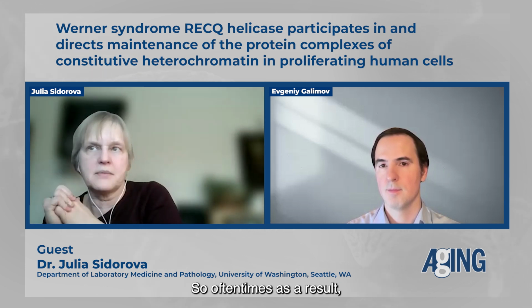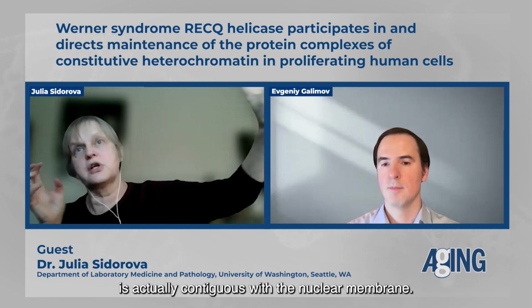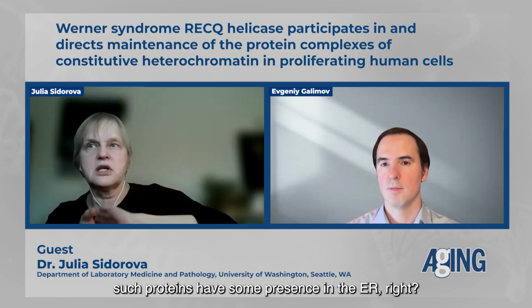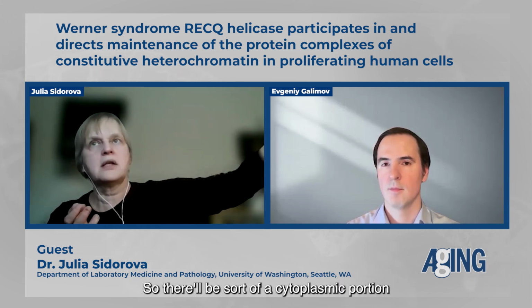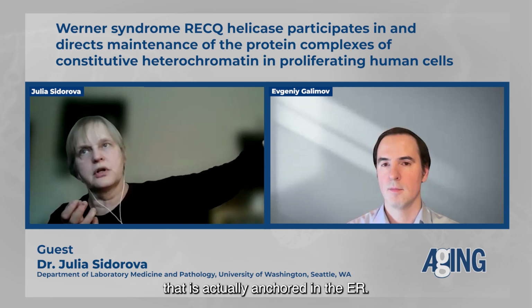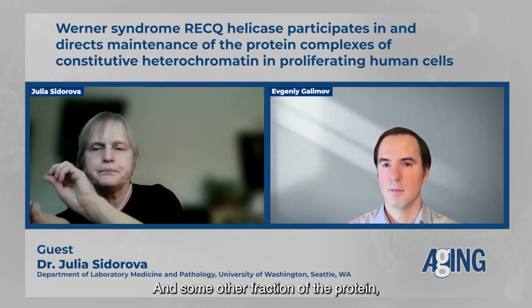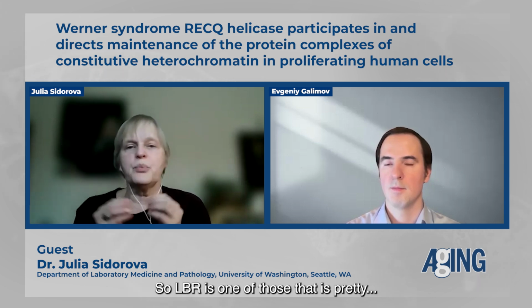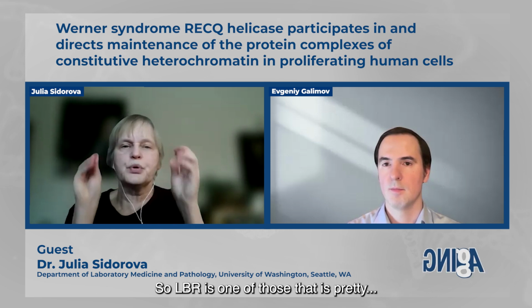That's because the ER, endoplasmic reticulum, is contiguous with the nuclear membrane. So oftentimes such proteins have some presence in the ER. There will be a cytoplasmic portion anchored in the ER, and some other fraction of the protein population will be in the nucleus. LBR is one of those that is typical.